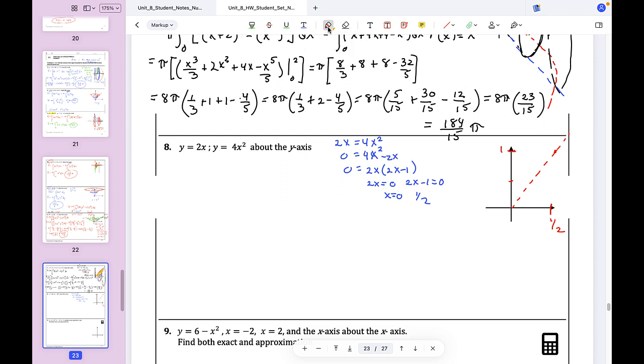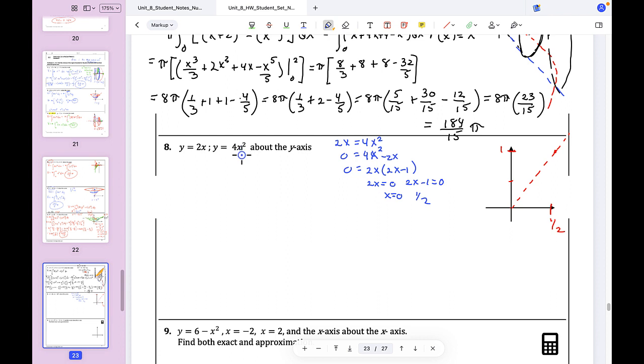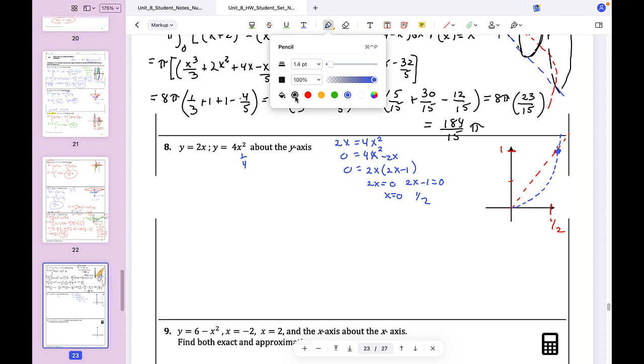And then when x is 1/2, I have 1/4, 1/2 squared is 1/4 times 4 is 1. So this is going to be a parabola, going like that, intersecting there at x equals 1/2 and y equals 1.